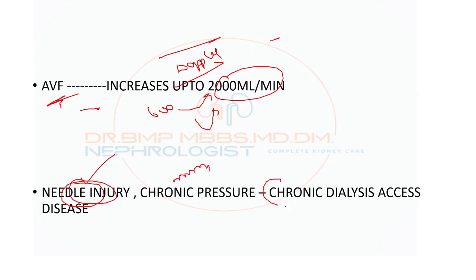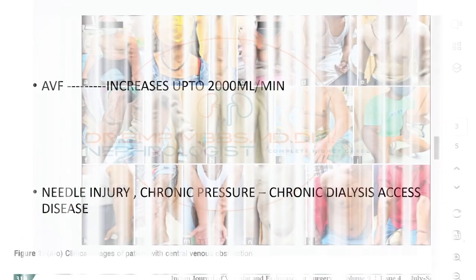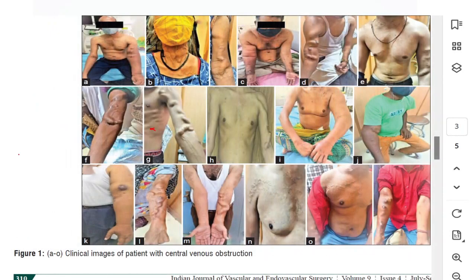Harrison has mentioned chronic dialysis access disease, and they have given a few images also. The fistula gets dilated. This is an image from a case series published by me and my friends. Here you can see how the fistula arm got dilated. There are around 15 patients having chronic fistula related problems.